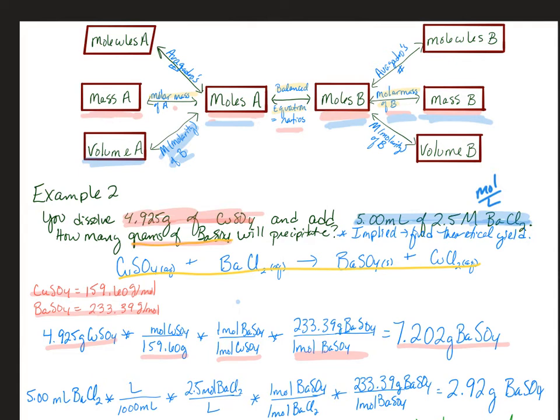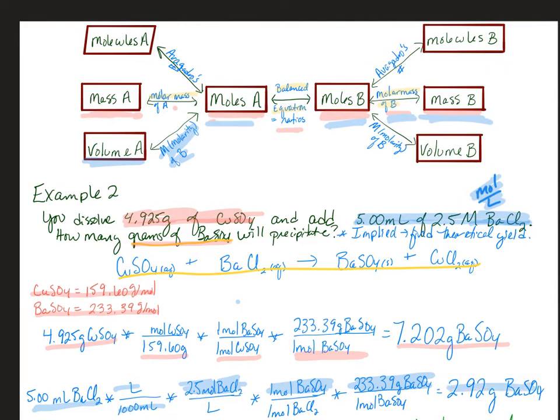So instead, I start with 5 milliliters of BaCl2. Now I do need to convert that to liters because keep in mind, molarity is moles per liter. So I do that by dividing by 1,000 to get it into liters and then taking it into account with our 2.5 moles per liter BaCl2. I then convert this to moles of BaSO4, and from moles of BaSO4, I go into grams of BaSO4.